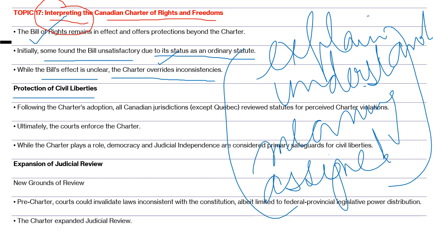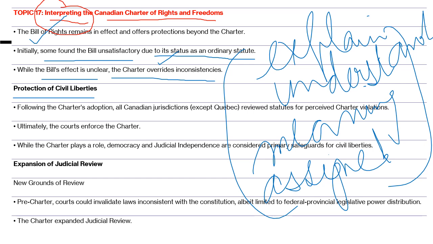Then protection of civil liberties following the Charter's adoption. Here we are interpreting the Charter of Rights and Freedoms. Firstly, we discussed how and why we brought up the Charter, because there were a few inconsistencies in the Bill of Rights. The Bill of Rights was not fulfilling all the duties that were expected of it for the Canadian people. Then the Charter protects civil liberties.